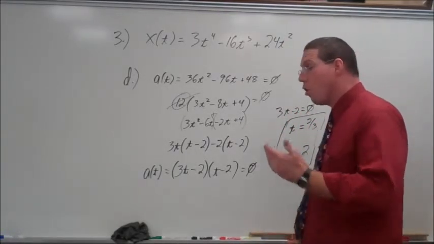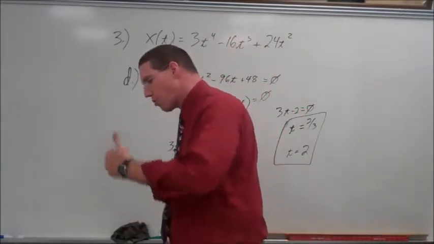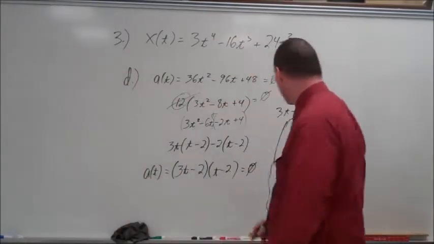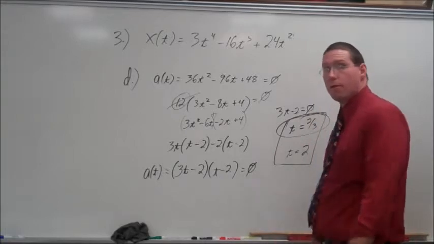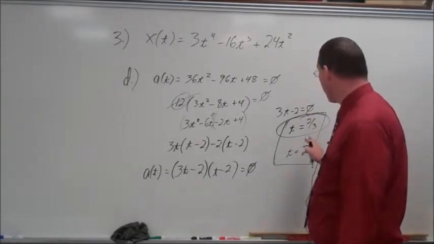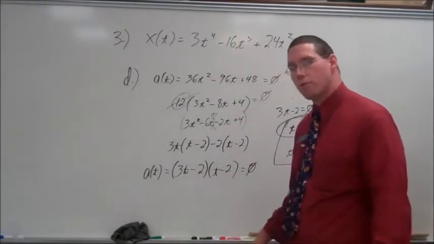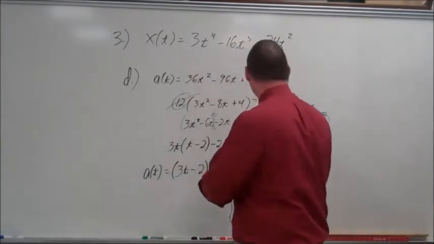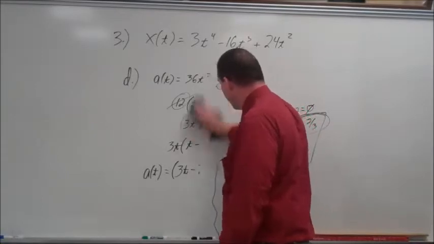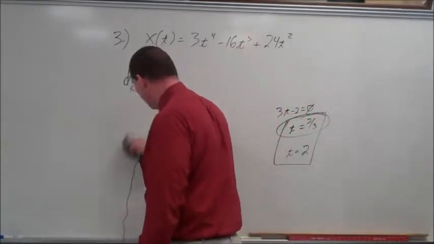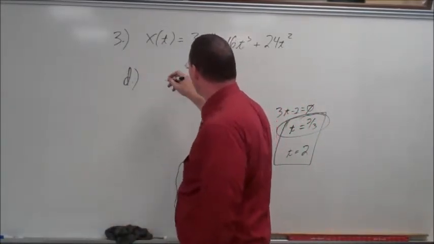And the question says, when acceleration is first 0. Well, first 0, 2/3 happens before 2 does, right? So this question is asking us what the velocity is at time equals 2/3. So now we're going to take our velocity, erase all this, and use that same velocity that we used before.